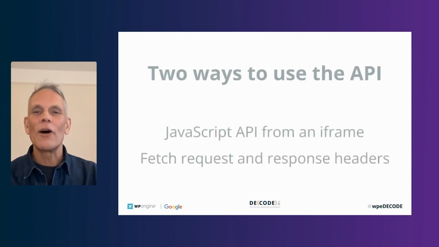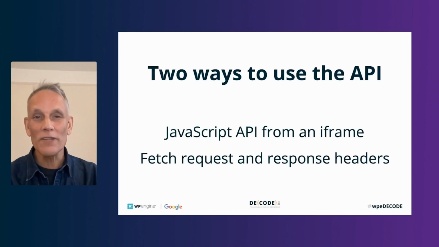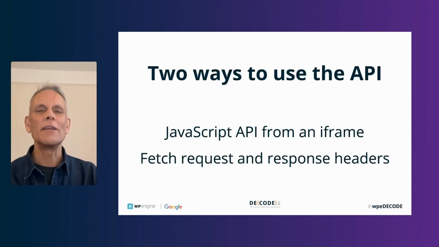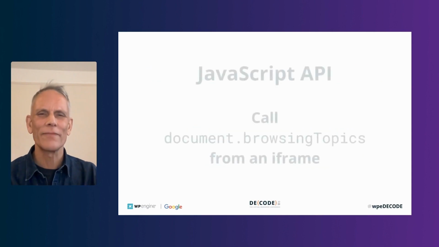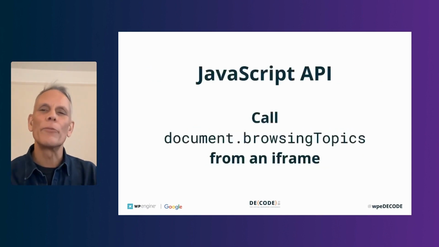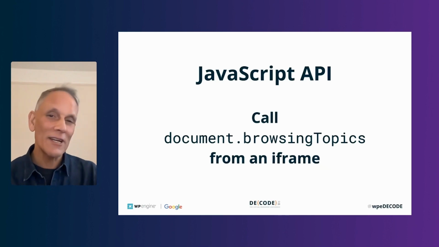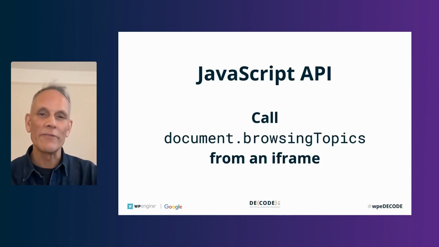So the Topics API provides 2 ways to observe topics of interest for a user and then to get access to those topics that were observed: firstly, with a JavaScript API, or by using the request and response headers on a fetch request. The first way that a Topics API caller can signal to the browser that it has observed topics for a user is to call document.browsingTopics from an iframe embedded on sites the user visits.